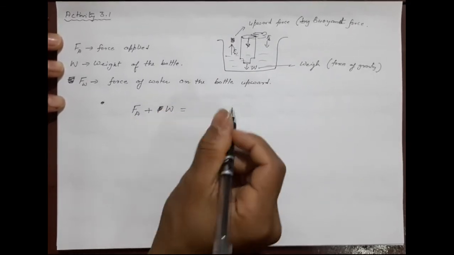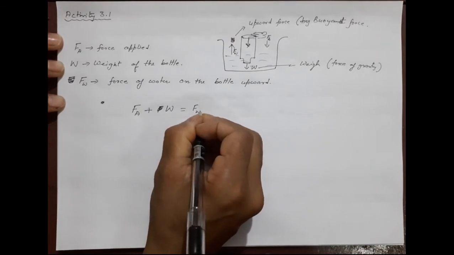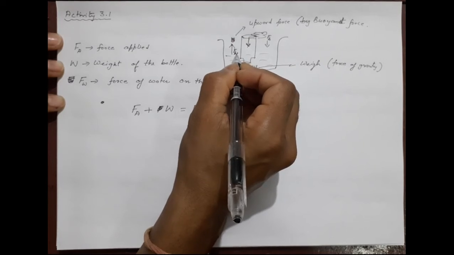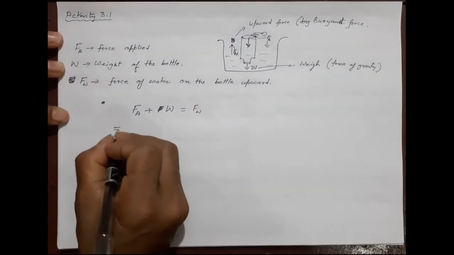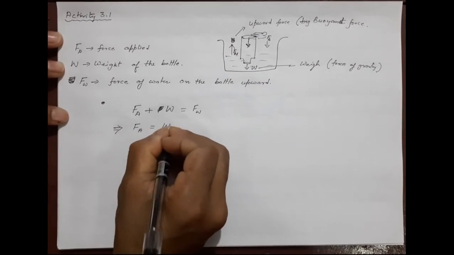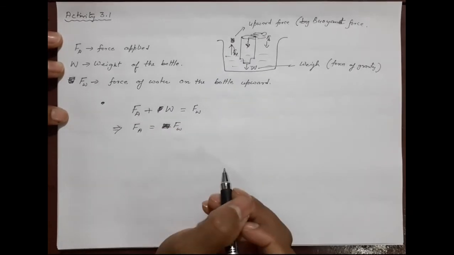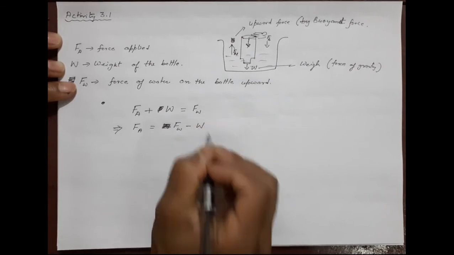And what is the upside force? Fw, that is the force by the water on the bottle. Now Fa will be equal to the force by the water on the bottle, Fw, minus W, it will go to this side.